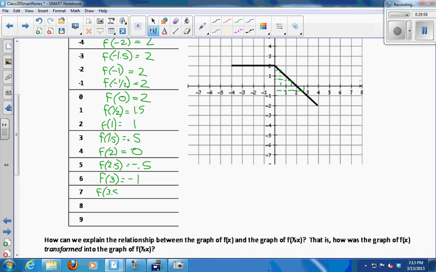F of 3.5 looks like -1.5. F of 4 is -2. F of 4.5 is undefined.